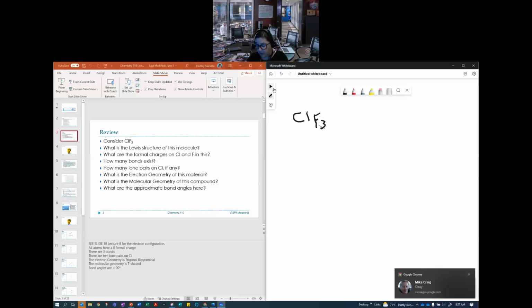So ClF3. Now, you might remember that chlorine is a halogen, so that means it has 7 electrons in its valence shell. F also has 7 electrons in its valence shell.